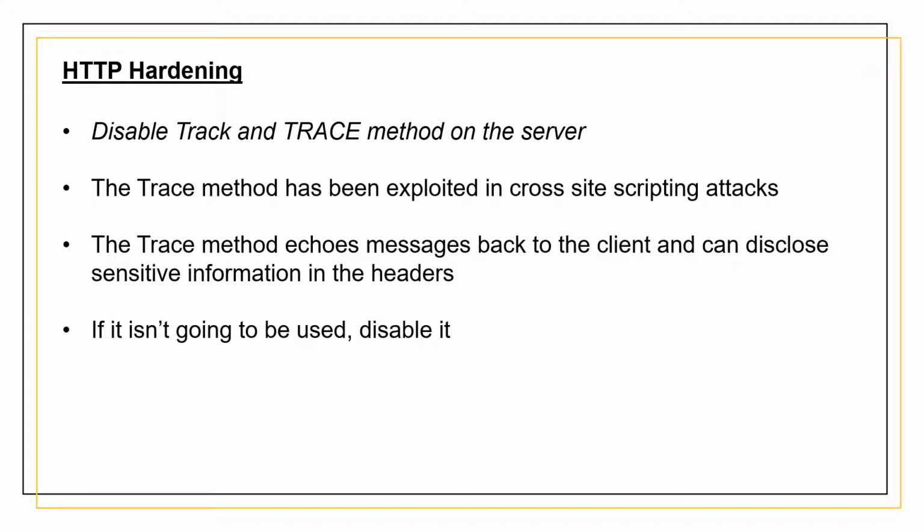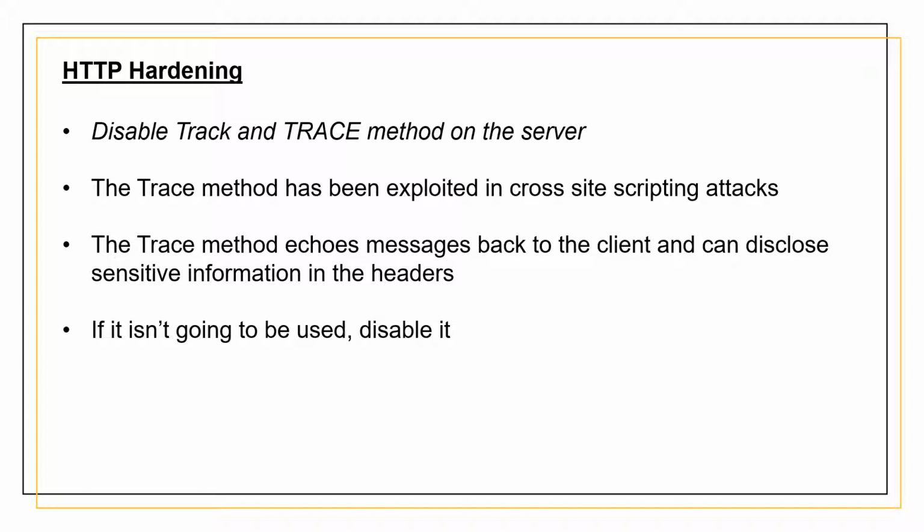There's some other similar methods that are also considered pretty safe, but there's also these other methods like the trace method. The trace method is infamous for being an exploit in the cross-site scripting attack. And how the trace method works is when you send a request to a web server, that web server will echo your message back.